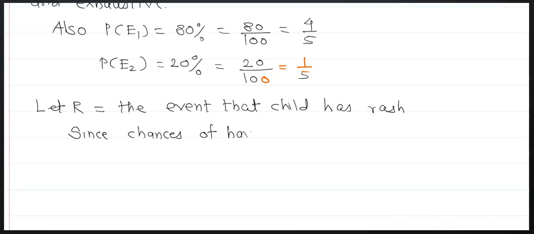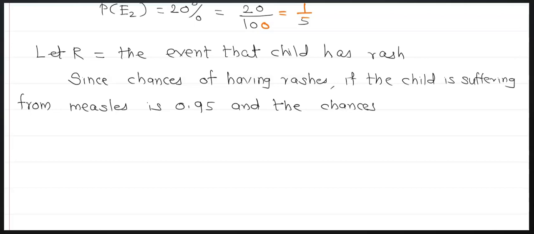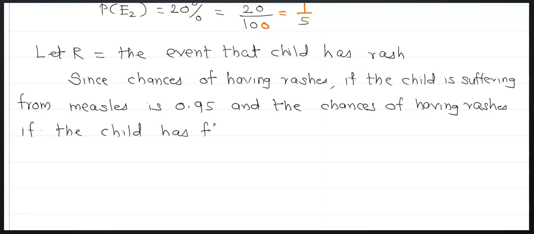Since the chances of having the rashes if the child is suffering from measles is 0.95, and the chances of having the rashes if the child has a flu is 0.08.